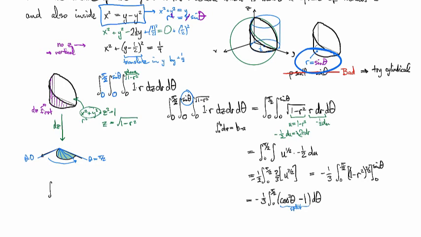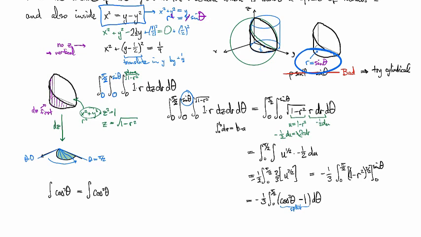I've got the integral of cosine cubed theta, and I'm going to think of this as the integral of cosine squared theta times cosine theta, and then this is 1 minus sine squared theta times cosine theta.